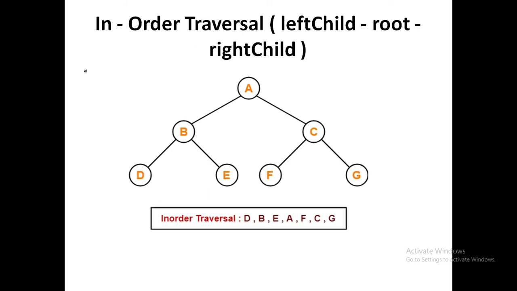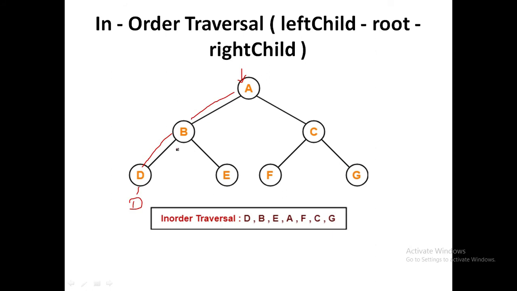So now we are going to write the in-order traversal for this tree. In order means first we have to visit the left child. Consider from the root, the left of the root is B. Again we have a left for B, that is D. So we are going to write D first.